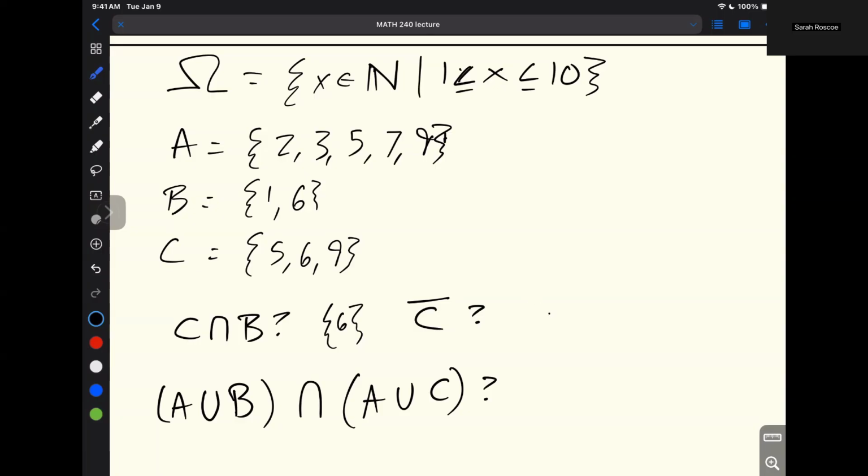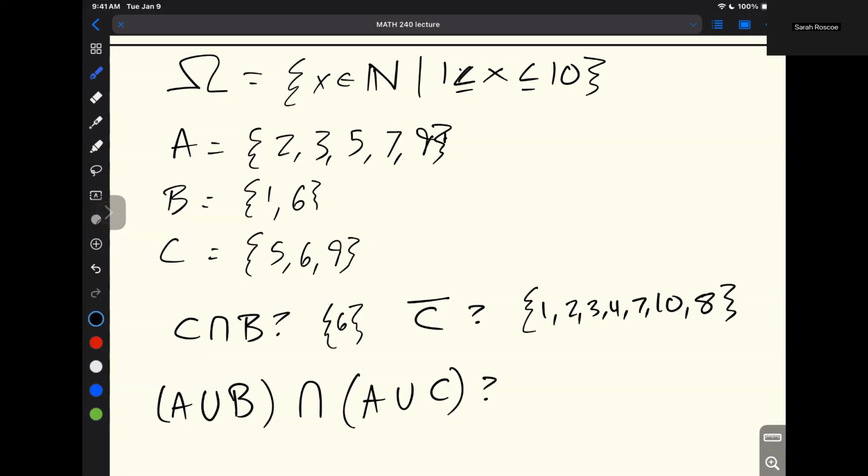What about C complement? 1, 2, 3, 4, 7, 10. Oh, and 8. Order doesn't matter in a set. We're good. And to make it in set notation, we just add the curly braces around that.